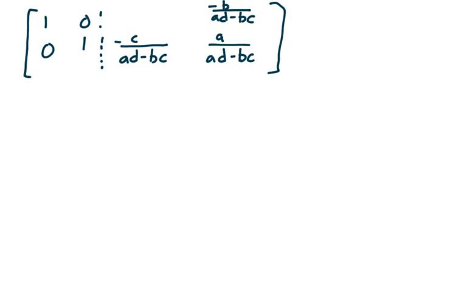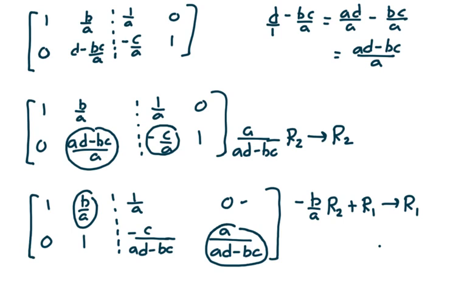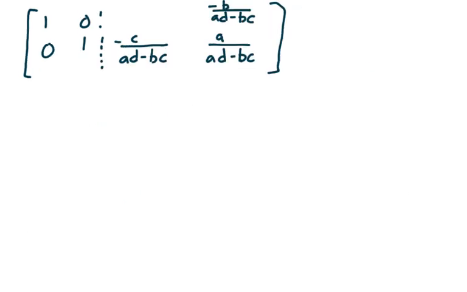We're almost done. Now let's look at the top left. So I'm going to take negative B over A times this entry. And then I'm going to add 1 over A. So let's do that down below.